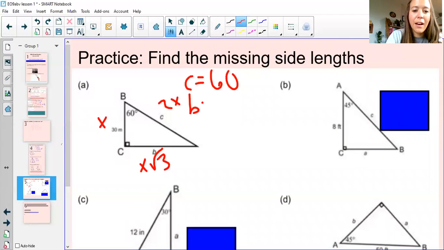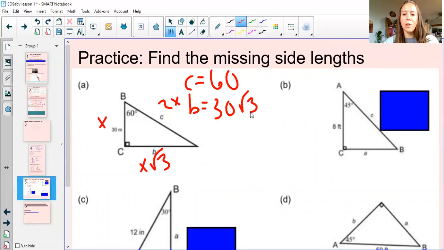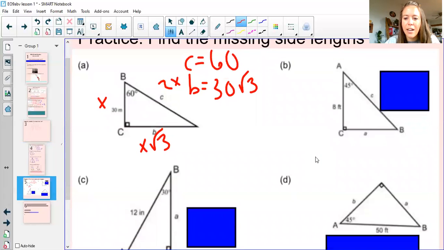Now b then, I'm going to take my x, which is just 30, and multiply it by the square root of 3. I'm going to leave it with the square root since that is in most exact form. So I can just leave it like that. All right, pause the video again and try some of these on your own.